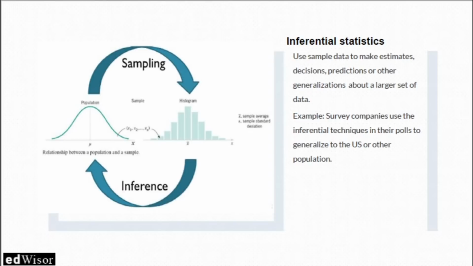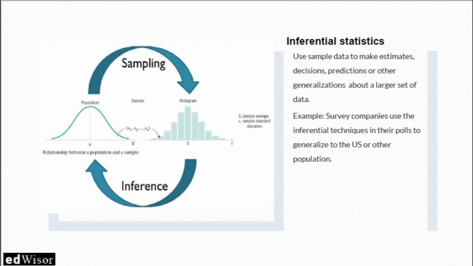Same here: when you get the whole data or whole population, you take a small subset of data, which is called the sample, provided that the sample data should represent the characteristics of the whole population.